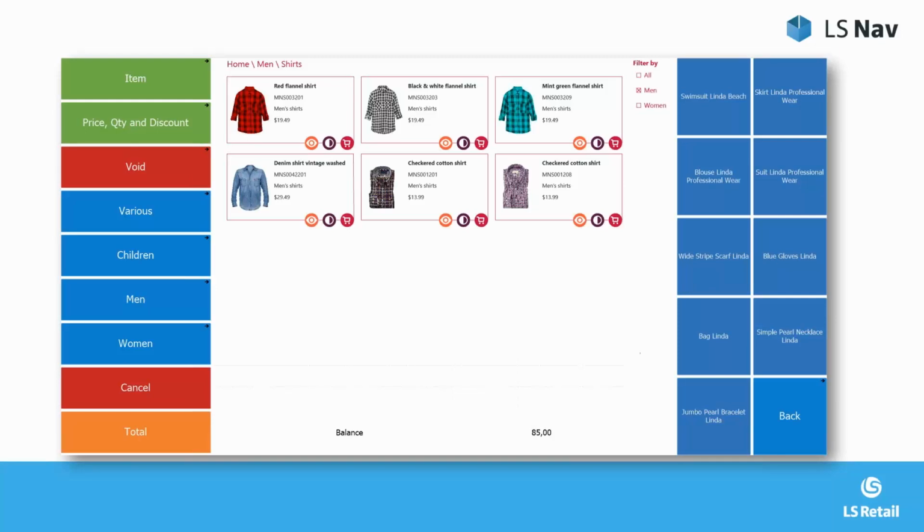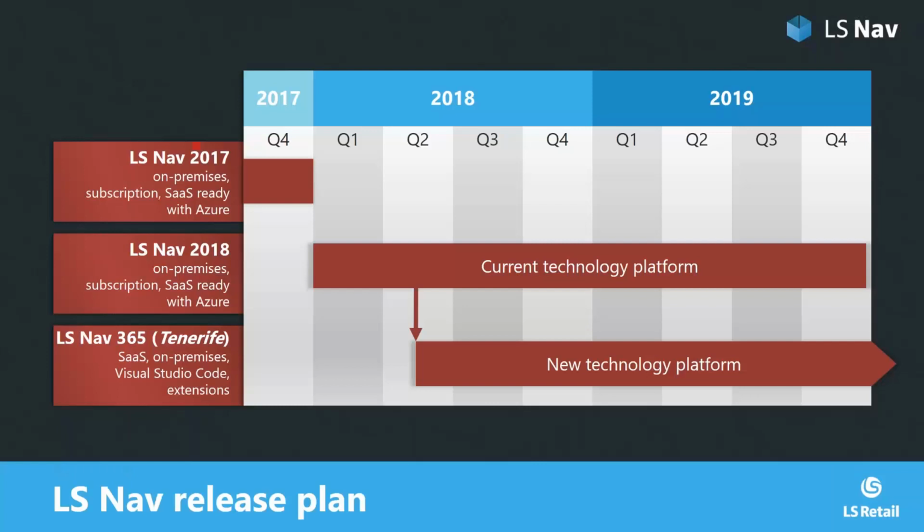So we believe this is the future for us. On top of it, we'll give the partners complete flexibility to do some customization, with the newest technology and HTML and all that.